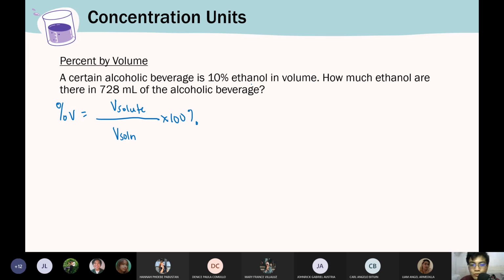I will make a follow-up question: how much solvent is there? So how much is the solvent and how much is the ethanol? Now, could you try to work it out? Maybe I'll give you 5 minutes.